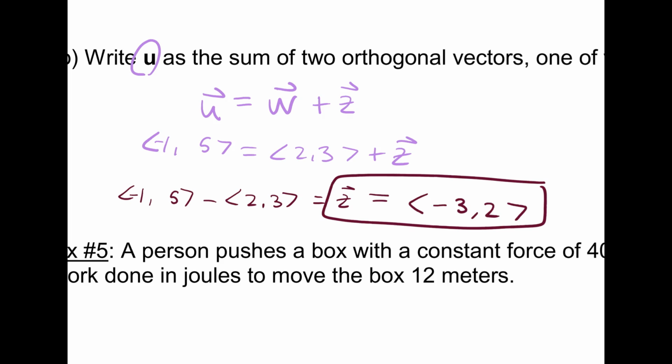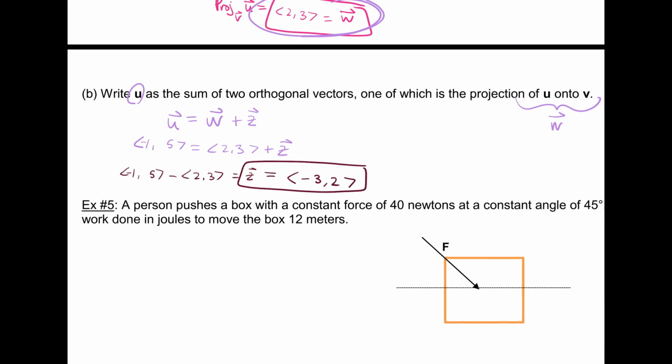Because I wrote U as the sum of two orthogonal vectors, these two vectors have to be perpendicular to each other. But one of the vectors has to be the projection. So I took my original vector U, and I know it has to be a sum of two vectors. One of my vectors is the projection.